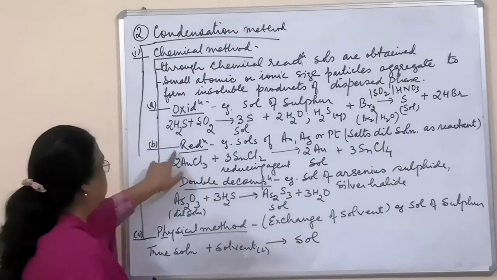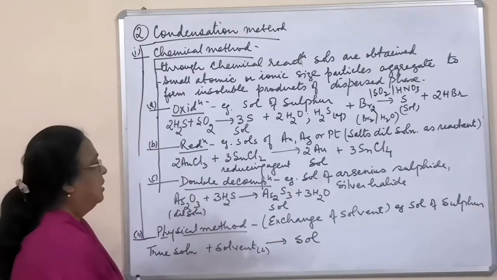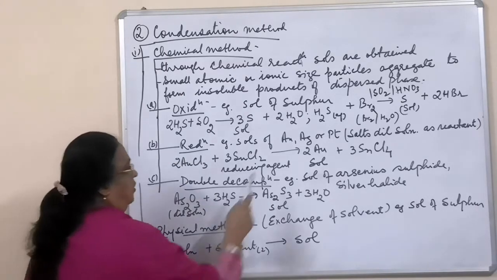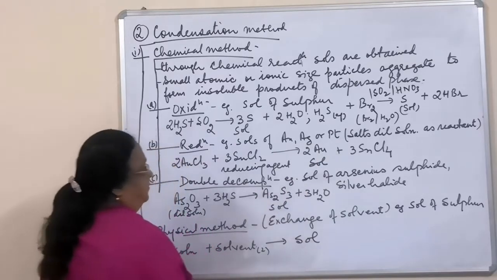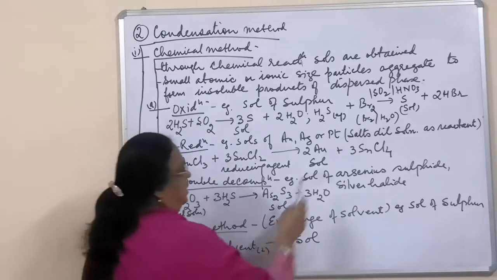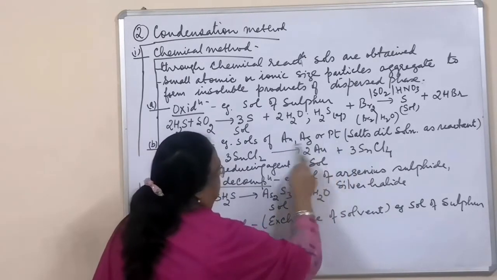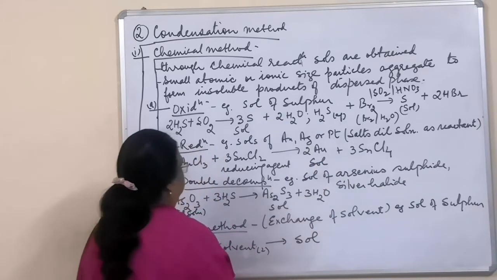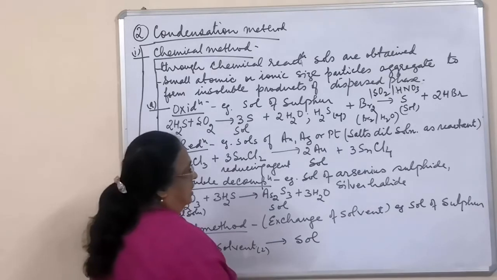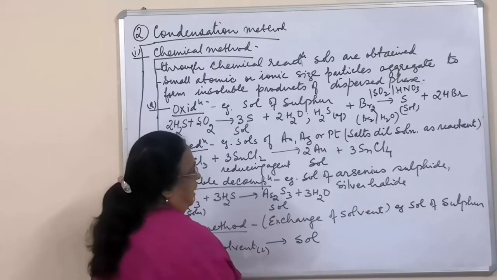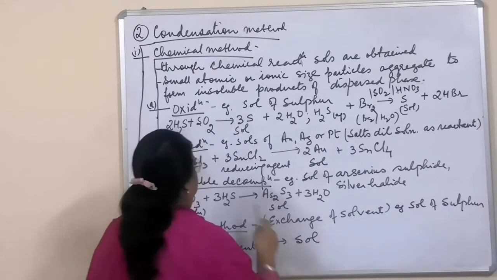The second method is the reduction method. In that we are preparing sols of these noble metals, silver, gold or platinum. For that we are using salts of these metals, of which you have to make the sol. So you will use a salt of these, and a very dilute solution in the reaction.